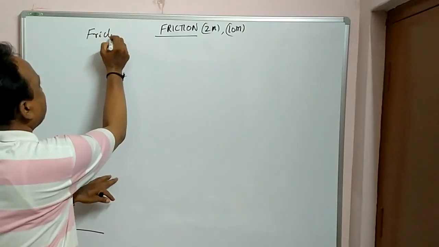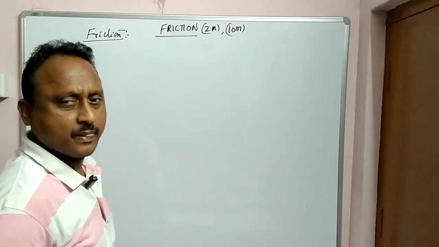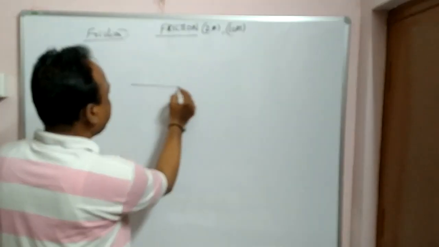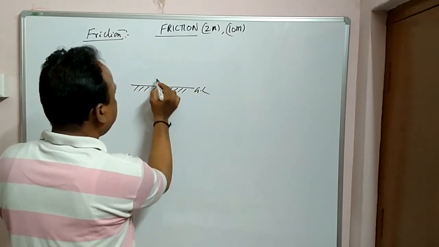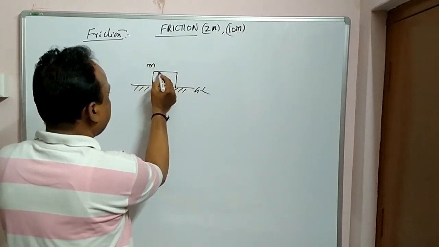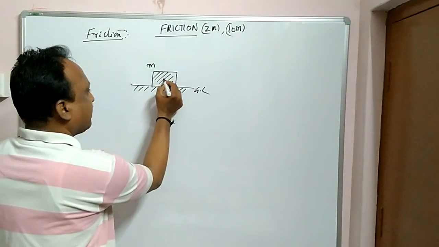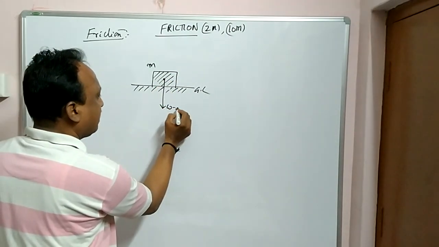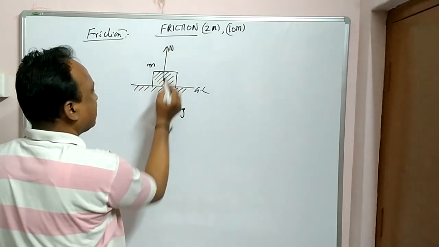What is friction? We need to know the definition. See, for example, in the universe, if you take any body, suppose this is ground level, and this is a block having mass m resting on the ground surface. The weight is acting downward and the normal force in the upward direction.